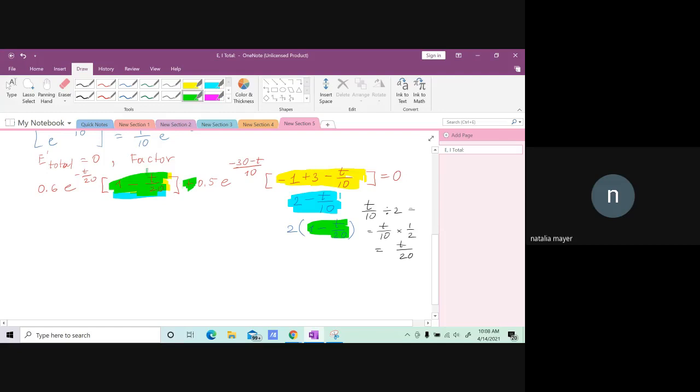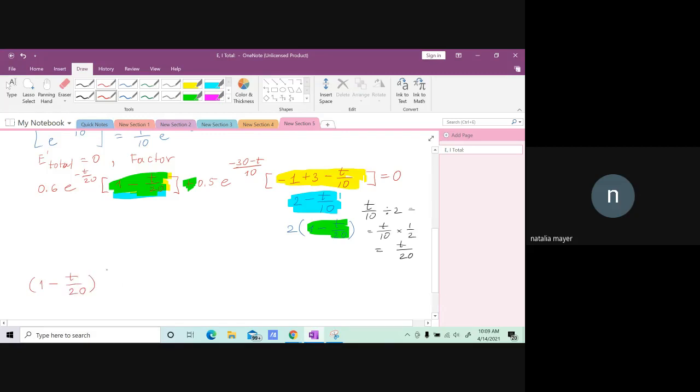So now we need to factor out something from the entire expression in the first place in the sum, and the entire expression in the second place. And this common factor is going to be 1 minus t over 20. So let's write down the common factor, 1 minus t over 20.